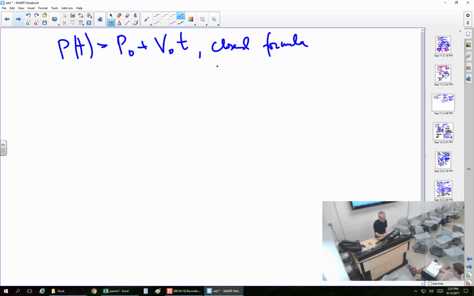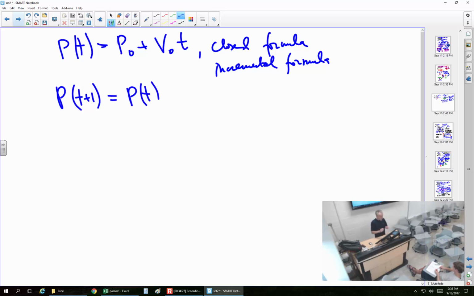But you can also have an incremental formula, and that is P at t plus 1, which is what we did, equal to P at t plus h. The next location is the previous location plus V naught times h. So every time you progress, the velocity is multiplied by the time step, and you have your next location. The increment is V naught times h at every step. So that is the closed formula and the incremental formula.